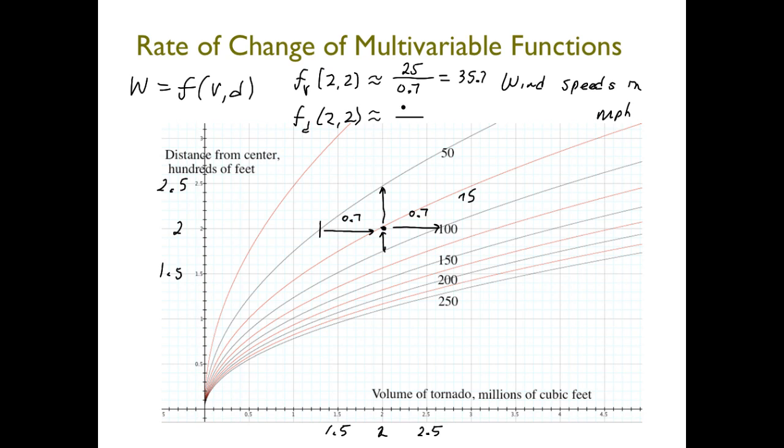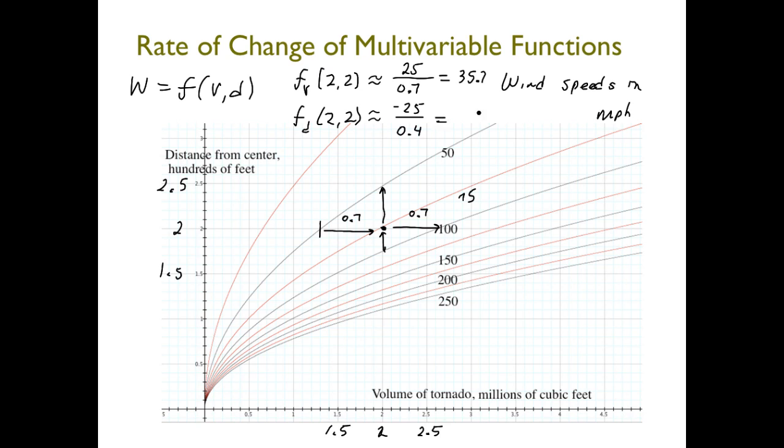We need to come up with something, so I'll say 0.4. On this side it's like 0.3, on this side it's like 0.5. So split the difference. For a change of 0.4, wind speeds go down by negative 25.